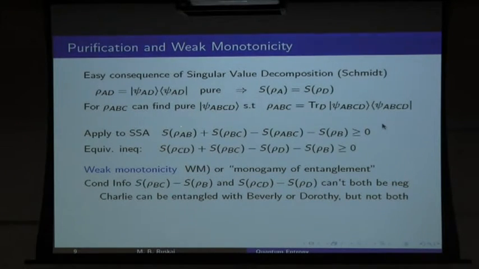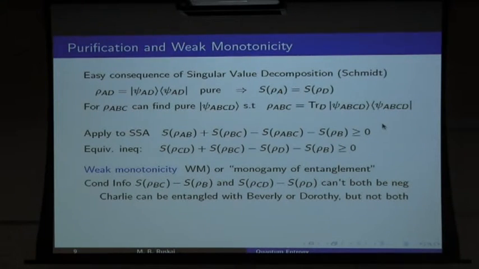And now if I write down strong subadditivity again, and I replace the terms that have A using this identity so that the entropy of rho AB is the same as the entropy of rho CD, then I get what's called weak monotonicity, or monogamy of entanglement, because basically this is the sum of 2 conditional informations, one between BC and rho B, and one between CD and rho D. Conditional information can be negative, but both of these cannot be negative.